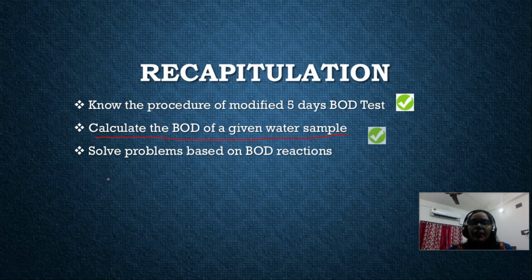Yes, and now you can solve problems based on BOD reactions. Don't worry, we will solve more problems, then you will be comfortable solving problems based on BOD reactions. Understand? So all these things we have covered today.